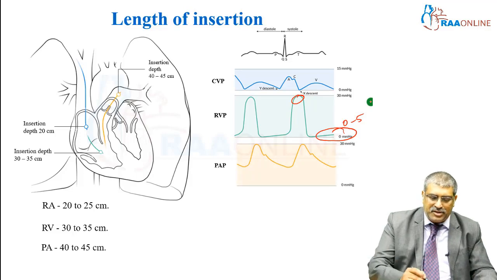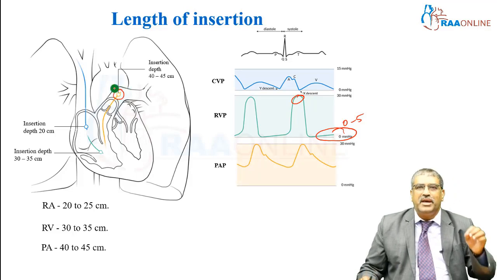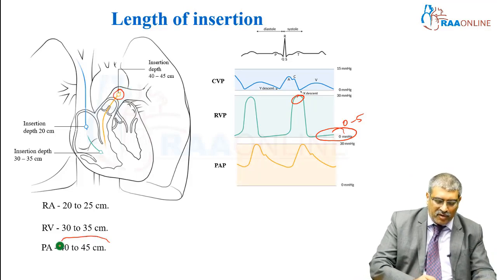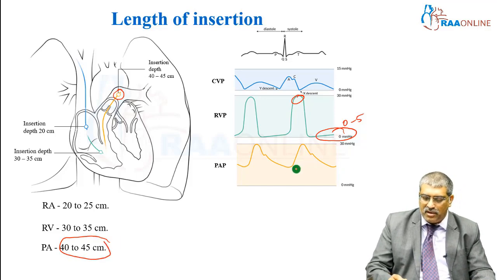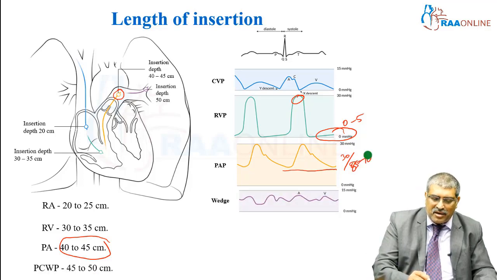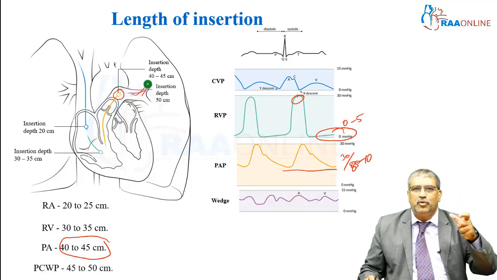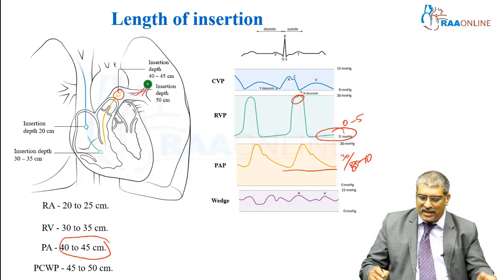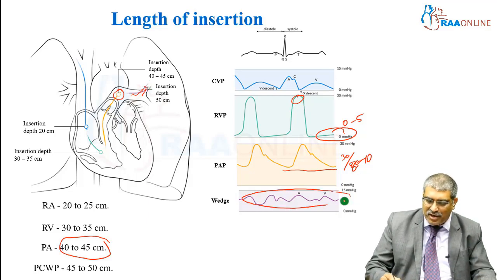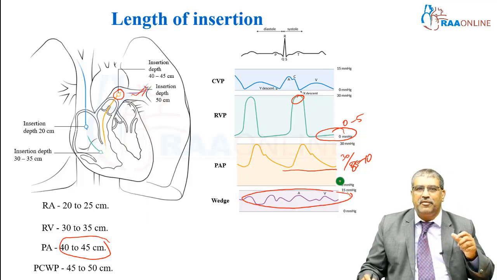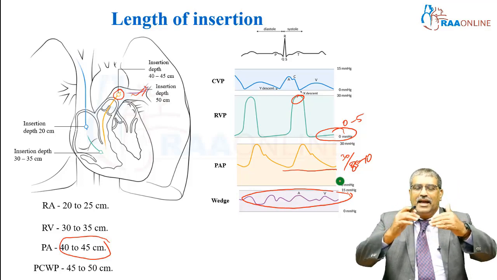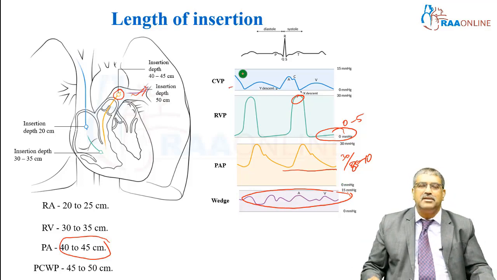Then as you enter the PA, usually you reach at a depth of 40 to 45 centimeter. Here you get a diastolic waveform. Then at the distance of 45 centimeter, you get the pulmonary capillary wedge tracing where you can get the A and V wave, which is at a slightly higher pressure when compared to the CVP.